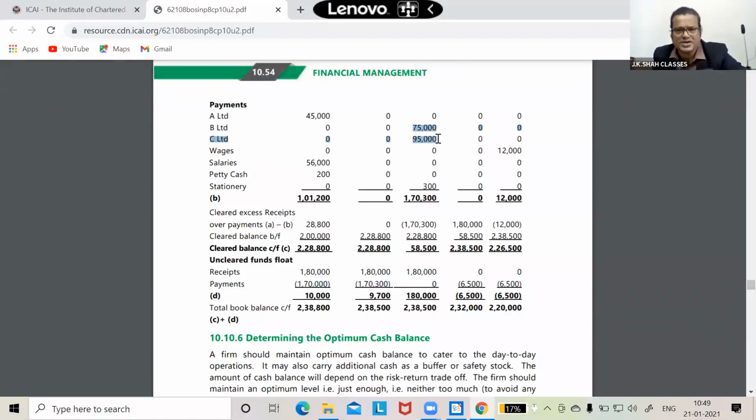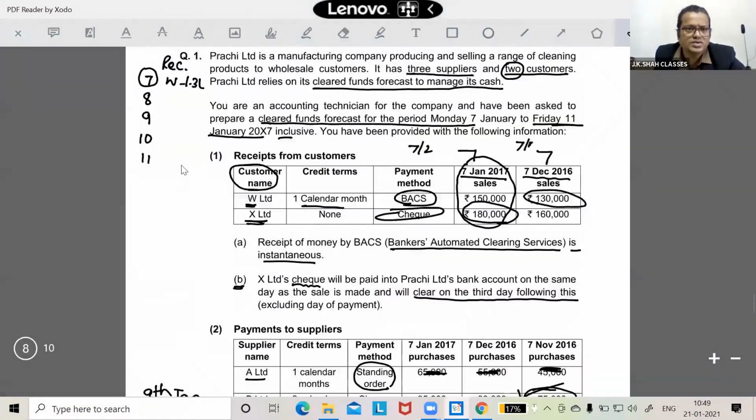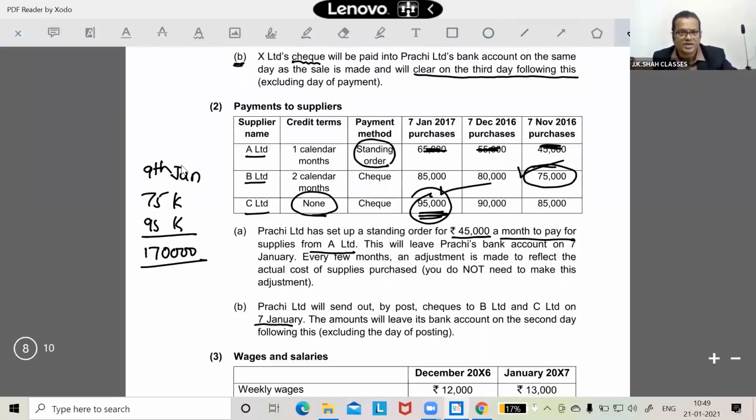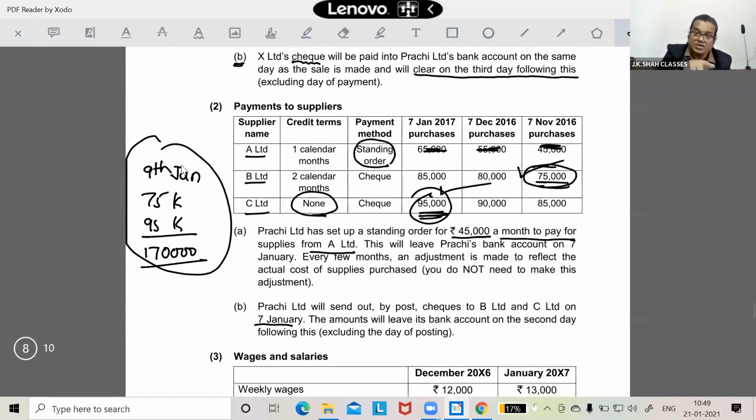Correct. Now we totaled up in our question also, if I'm not wrong. Where it is one. See this one, the 170 totals. Correct. That these payments we will do on what date? I justified now that this 75 and this 95. These payments we will do on 7th, and they will clear on 9th.